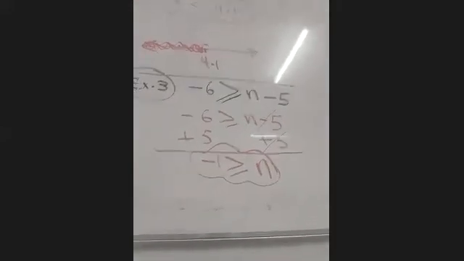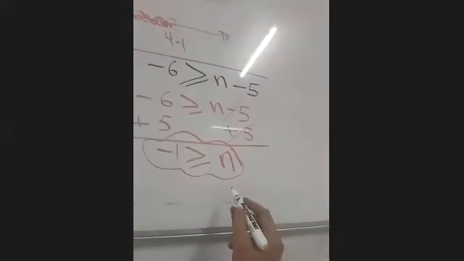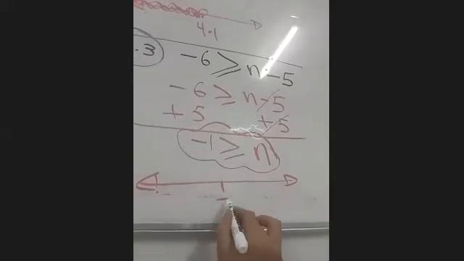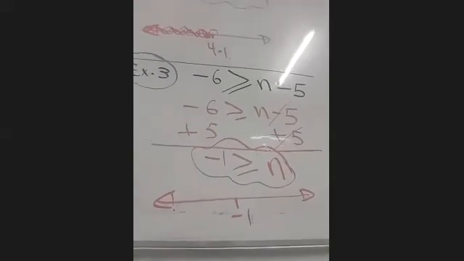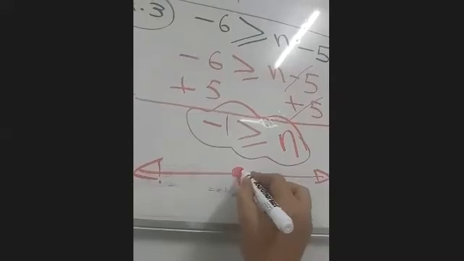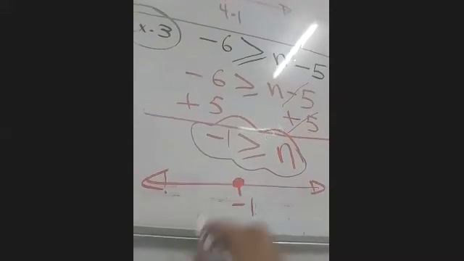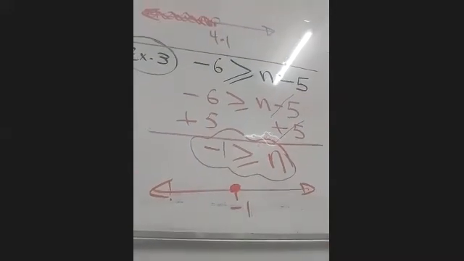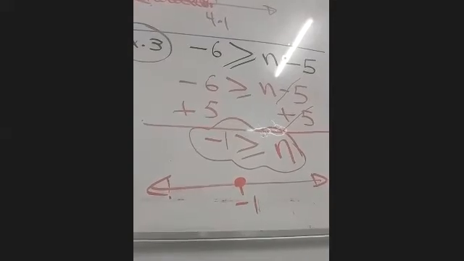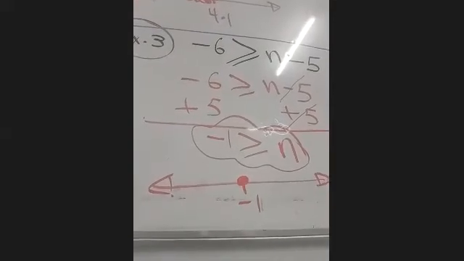Now, let's graph the solution. Here is my line, and this is the negative 1. Close circle, because we have an equal sign. Now tell me, read the inequality. Minus 1 greater than.